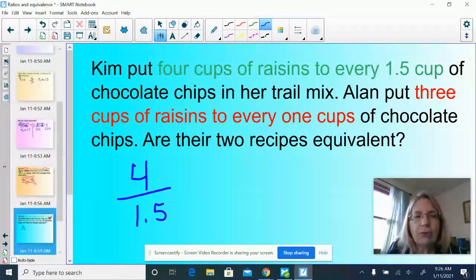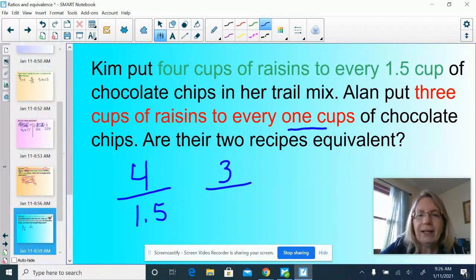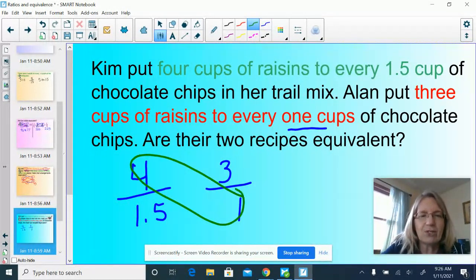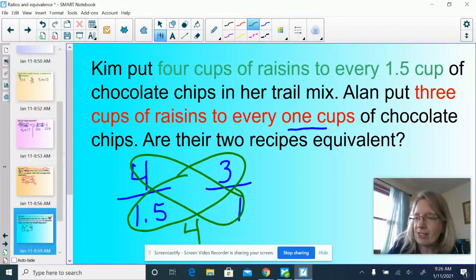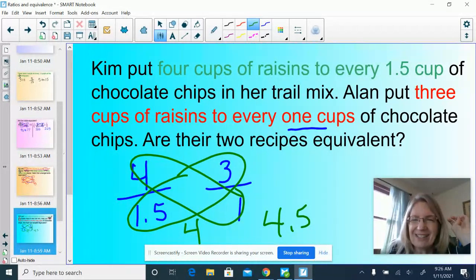Alan put 3 cups of raisins to every 1 cup of chocolate chips. Are the ratios proportional? Or I'm sorry, equivalent? Proportional is another day, but for equivalent, you'd say 4 times 1 is 4, and 1.5 times 3 is 4.5. So the ratios are not equivalent.